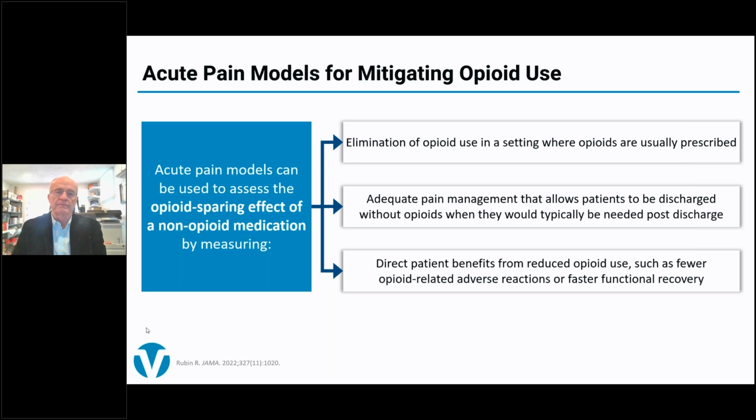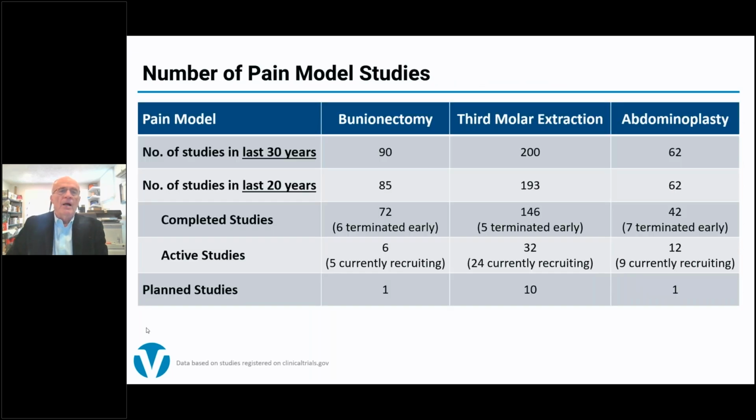Next slide. A large number of pain models have been studied over the last 20 to 30 years. I've got the numbers here. Now, to get approval for an acute pain indication, the FDA has indicated that usually you need one hard tissue and one soft tissue model.